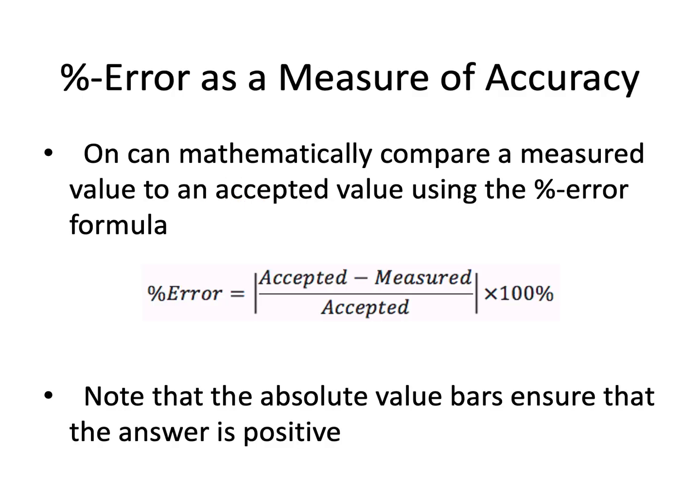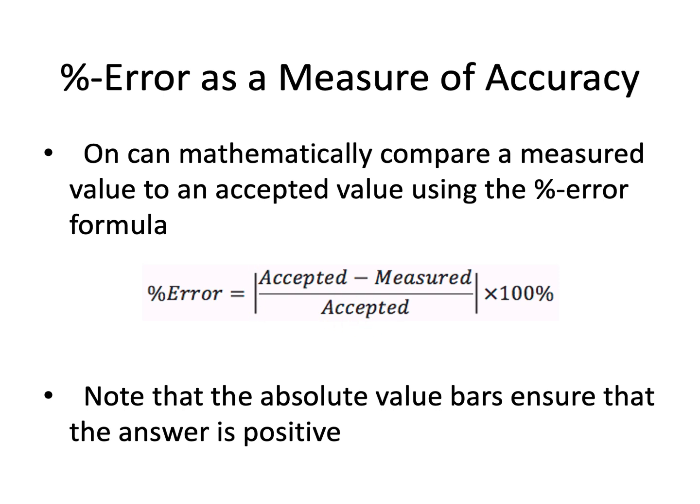Now, the usual way that we quantify accuracy is through percent error. We can mathematically compare a measured value to the accepted value using the so-called percent error formula. And you've probably seen this in some of your high school science classes before, but the percent error formula is you take the accepted value and you subtract from it the measured value, and then you divide it by the accepted value.